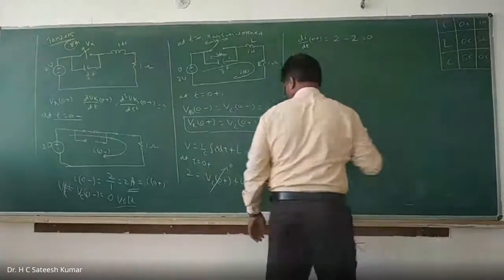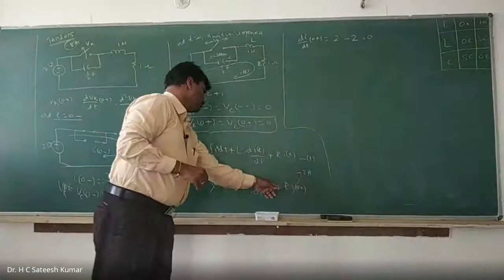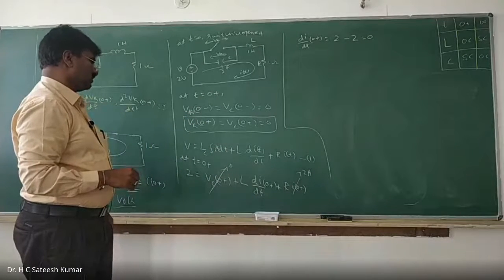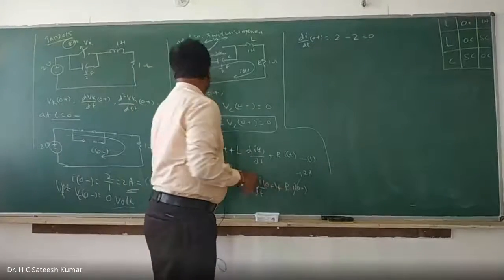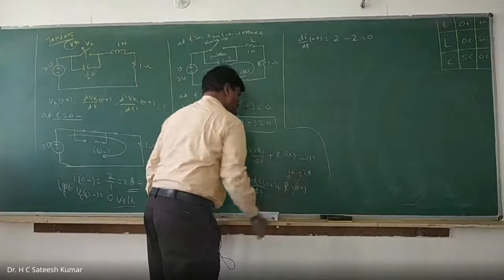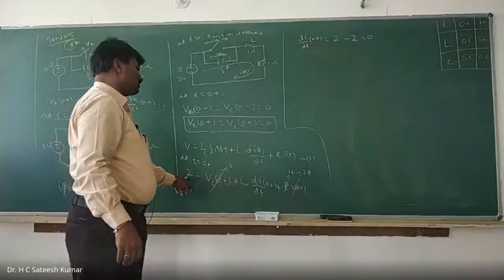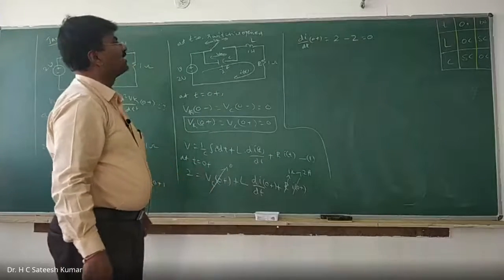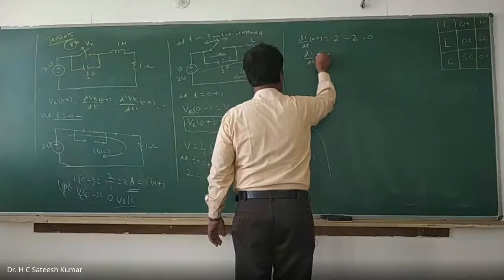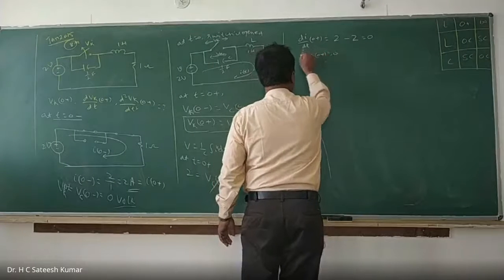Here R is equal to 1 ohm, so 2 into 1, 2 minus 2 is 0. Therefore di by dt 0 plus is equal to 0.